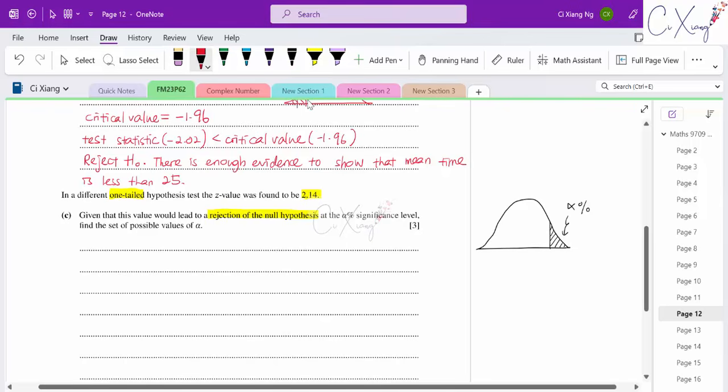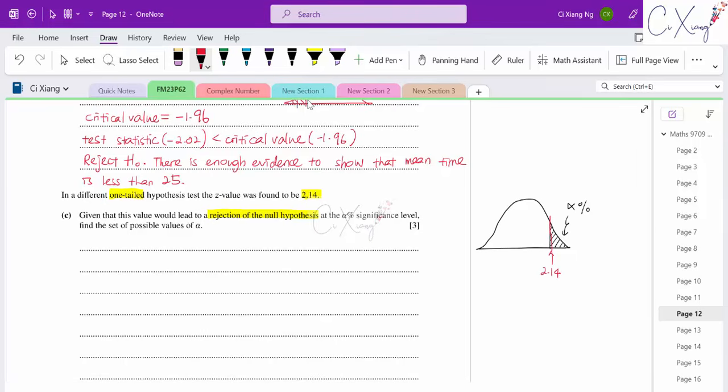So that means if the 2.14 falls under the rejection region, we will reject the null hypothesis. That means what we can do now is assume that the Z value, or the critical value, for this rejection region is actually 2.14.